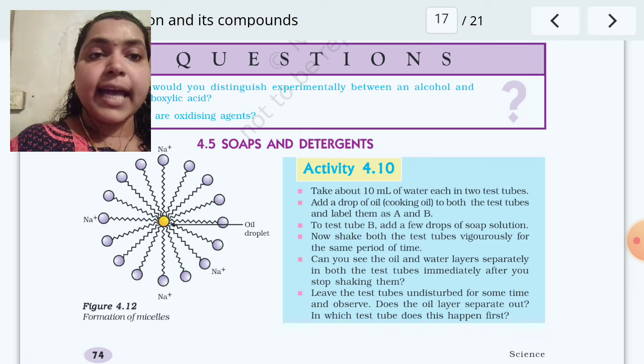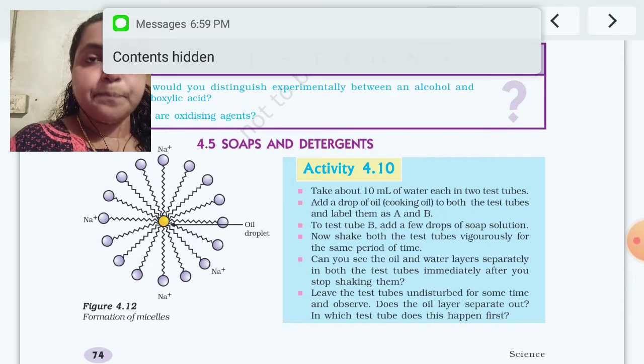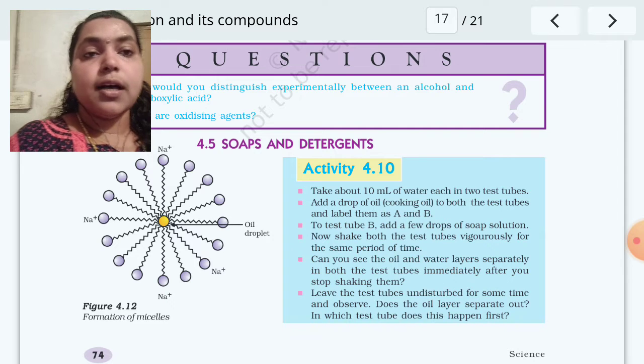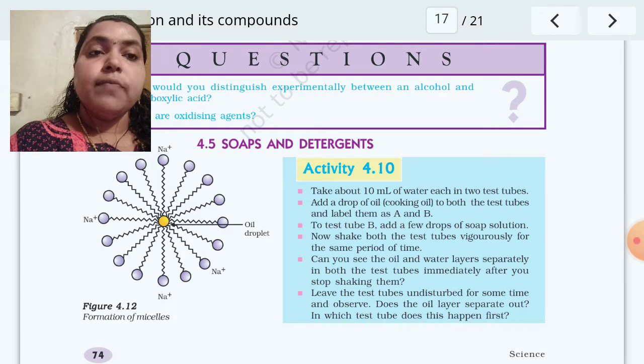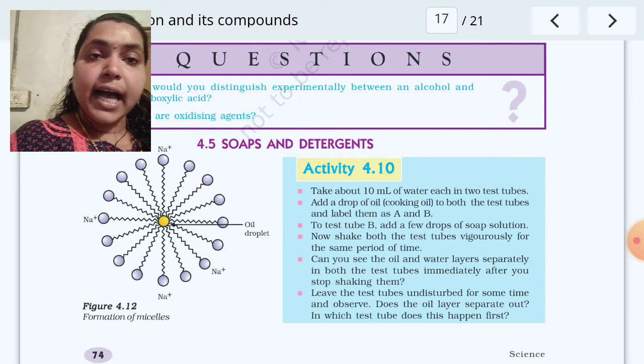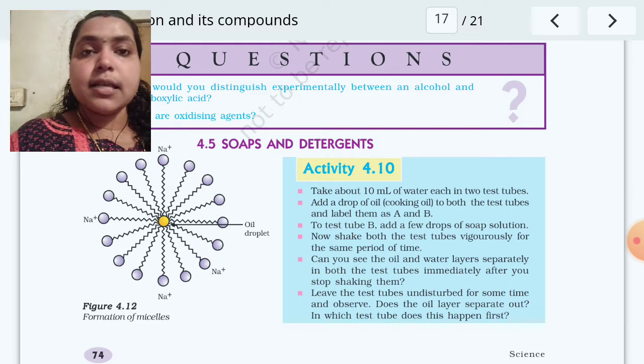So how can we give a conclusion for this activity? We can conclude that when we add soap solution, there is formation of micelle, which we discussed earlier.